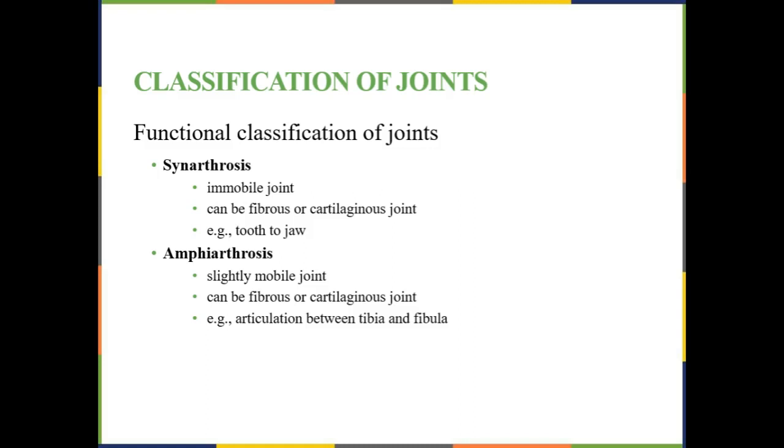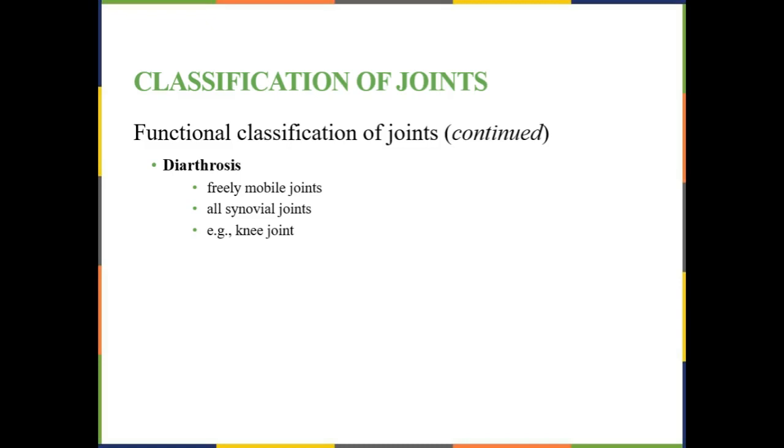Amphiarthroses are slightly movable joints. There's minimal movement, but there is movement. Again, these can be fibrous or cartilaginous, and the example here is called a syndesmosis between the tibia and fibula, and also between the radius and ulna of the forearm. This again is a fibrous joint.